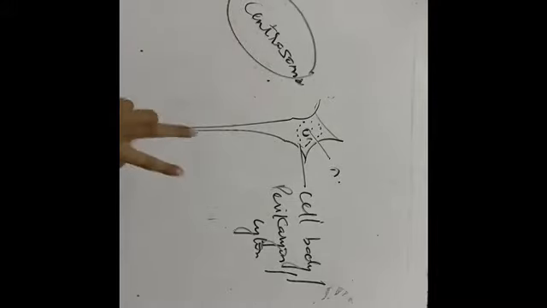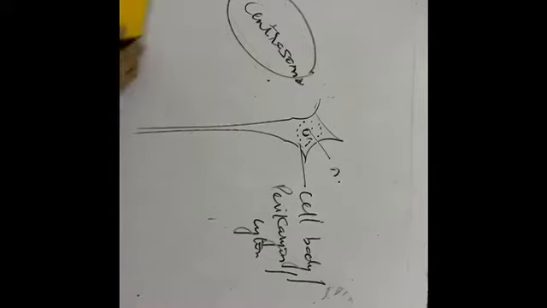But because neurons once formed do not divide any further, the number of nerve cells which are already present in your brain will remain the same. They'll not divide. Because nerve cells cannot divide, they are the permanent cells. So this cell organelle is missing in them.